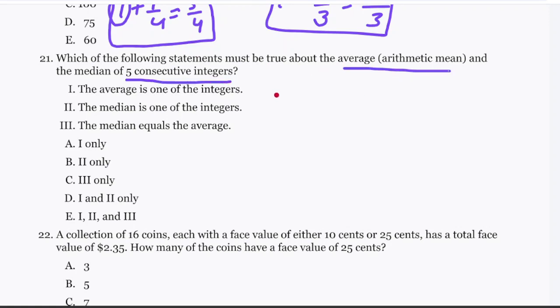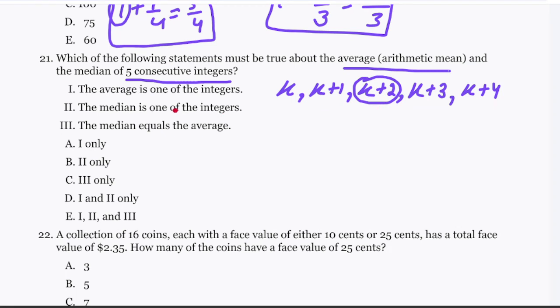If I take 5 consecutive integers, x, x plus 1, x plus 2, x plus 3 and x plus 4. The average is one of the integers, that's right, because the average is going to be the central number because they are consecutive numbers. Like I said, average and median, they're both going to be same.